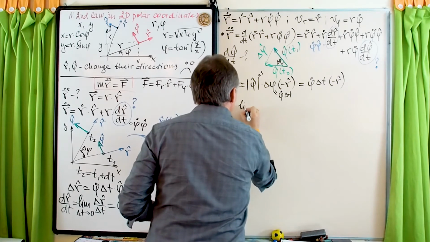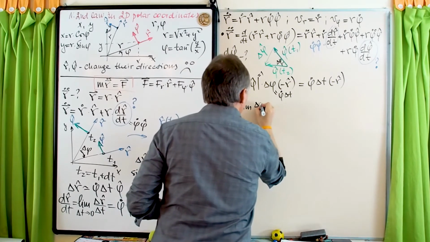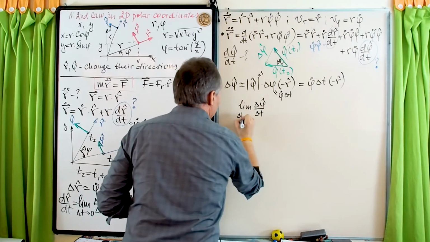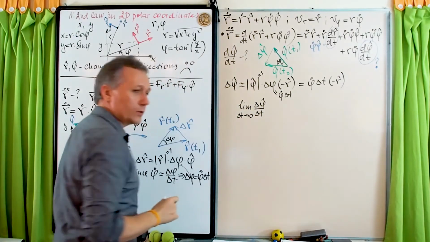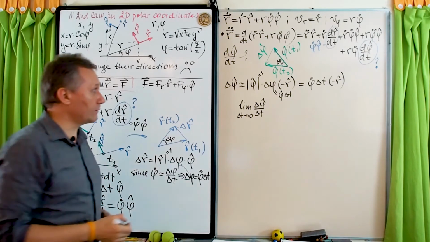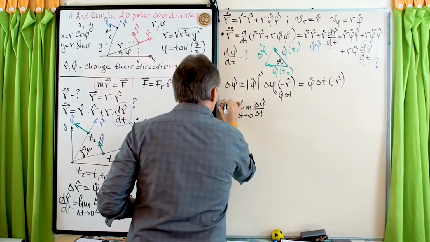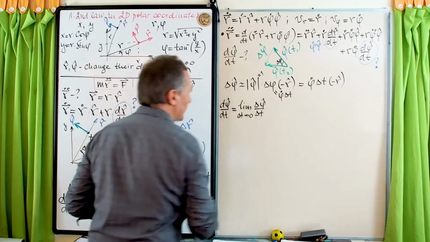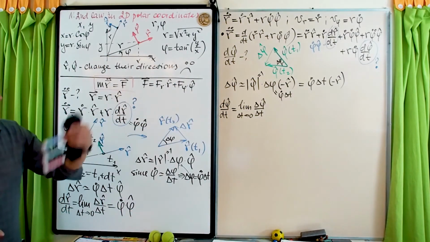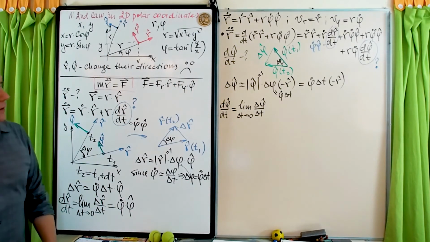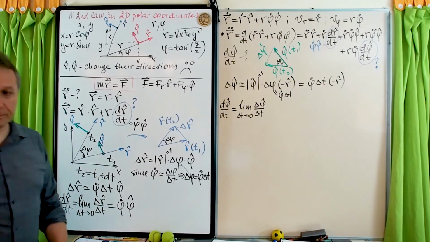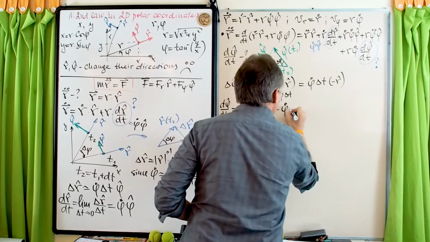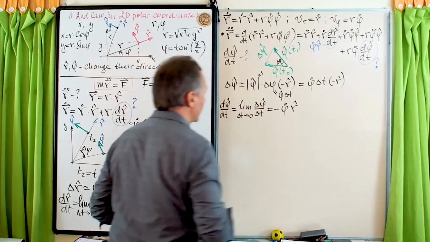So limit of delta phi hat over delta t when delta t goes to 0. Of course, just a derivative from calculus. Derivative of the unit vector d phi hat over dt equals, and what's left? Negative phi dot r hat, minus phi dot r hat.